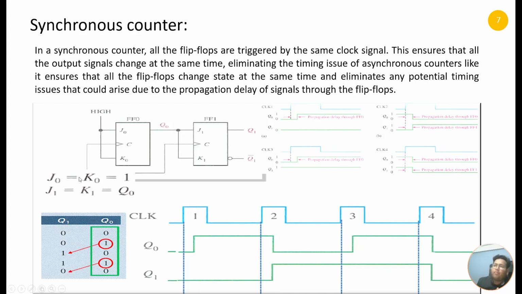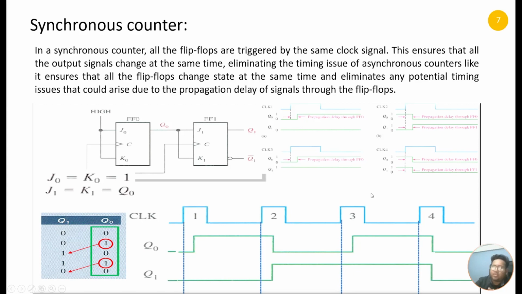Here we have put two flip-flops, which represents a 2-bit counter, that means we can count from 0 to 3, meaning 4 digits. Here we have seen that we have one clock signal and it is continuing.